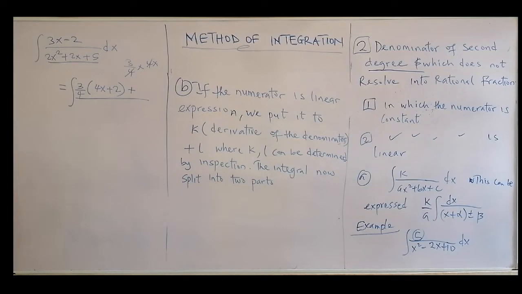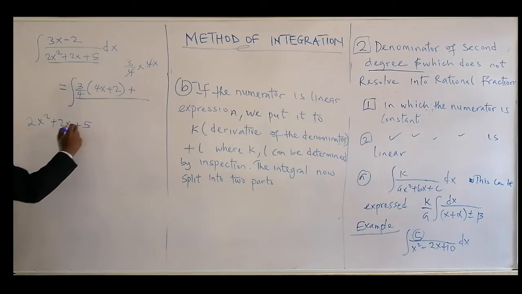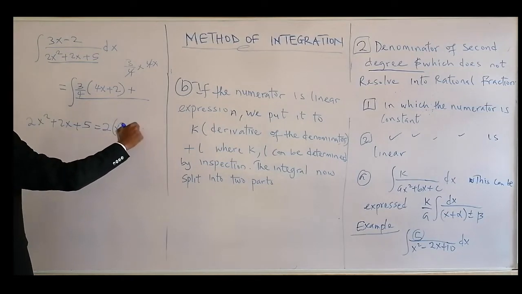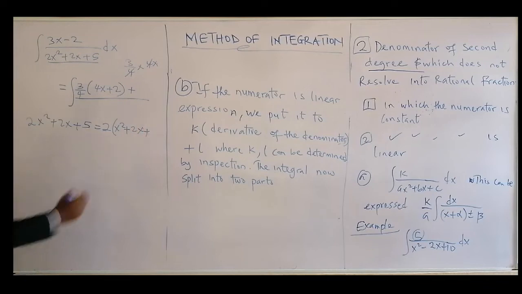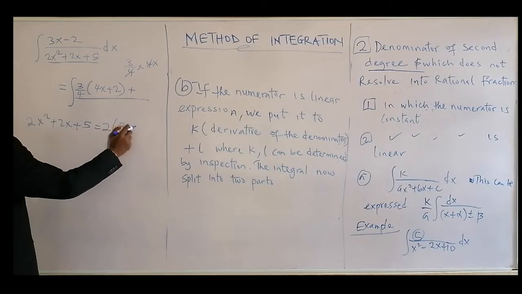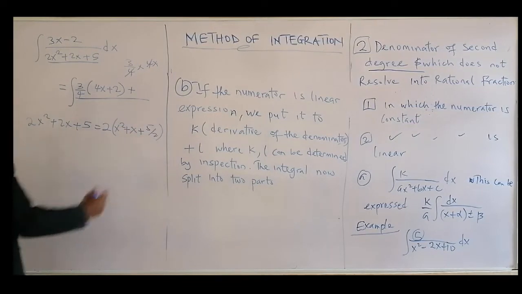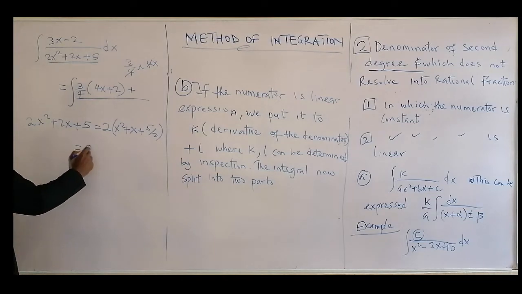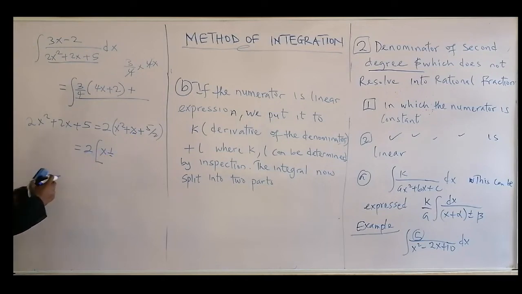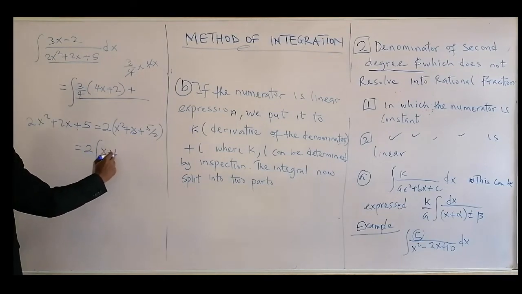perfect square, sum of squares, and I think we've done this one before, but we'll do it again. Okay, let's do this one again. 2x squared plus 2x plus 5, which is equal to, take 2 out, then you have x squared plus x plus 5 over 2. Okay, and that will give you 2 into brackets x plus half of this, 1 over 2, squared.